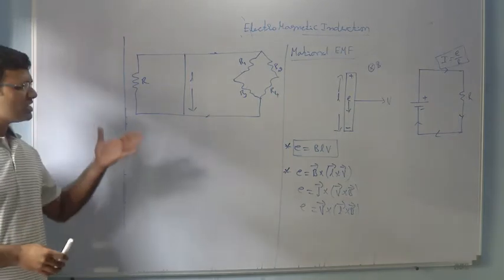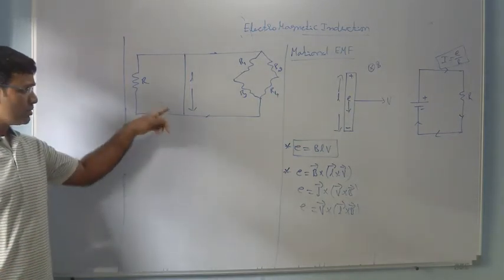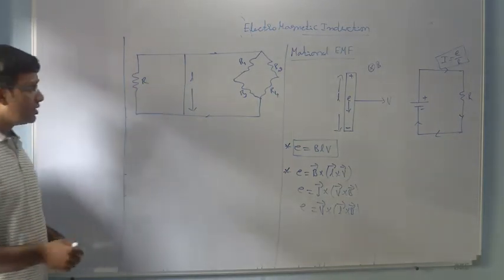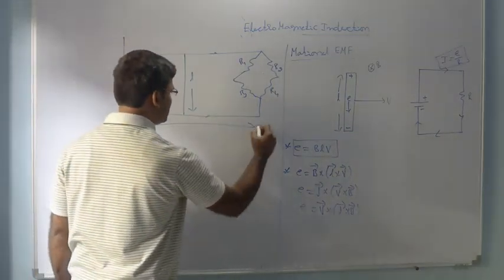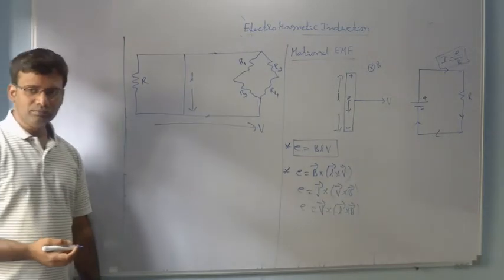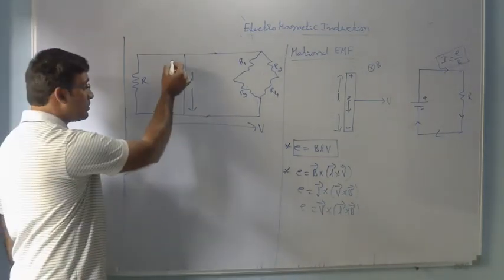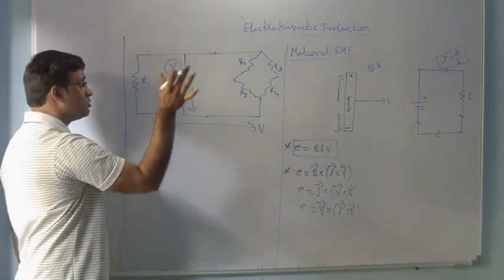Okay, so I will just explain the concept, and later we'll do the problems. This is the length of the conductor. Now, this total arrangement is moving towards the right with velocity v, and we are applying the magnetic field into the book, that is B.